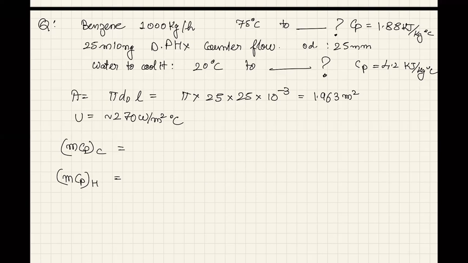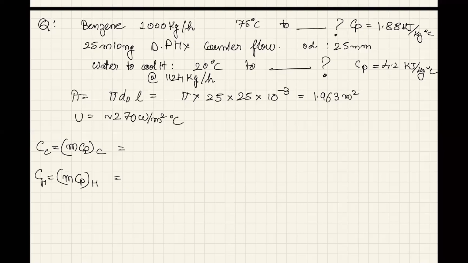What was the mass flow rate of water in that problem? You can just take that value from over here, 1124 kg per hour. So simply take those values and find out the capital CC and capital CH.